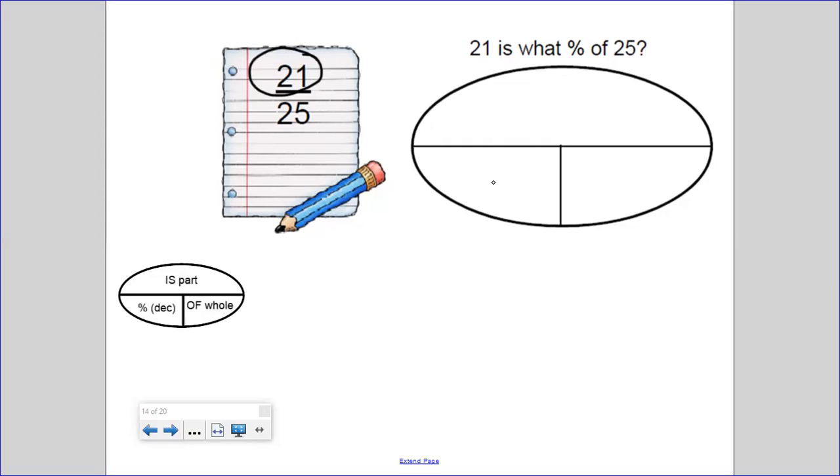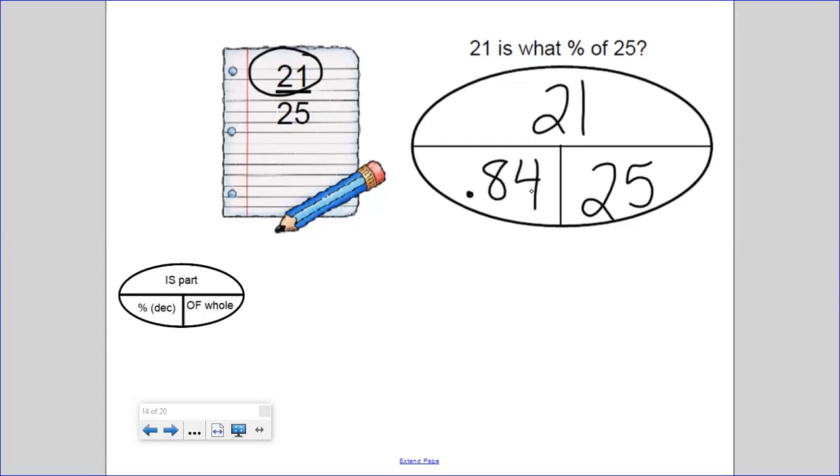Oh, okay, so I'm missing the percent this time. I know 21 is the part and 25 is the whole. Now, do you remember what I'm supposed to do here? According to the football, if there's numbers on top of each other, we divide. So when I do 21 divided by 25, I end up getting 0.84.